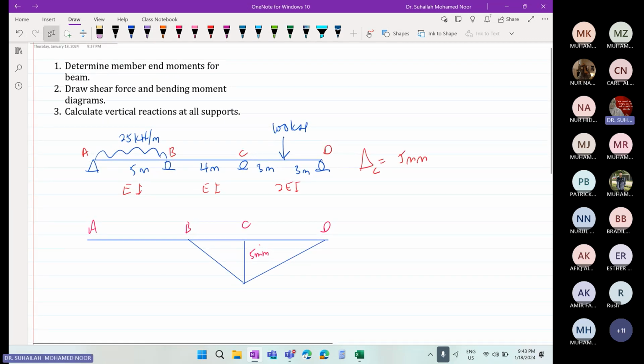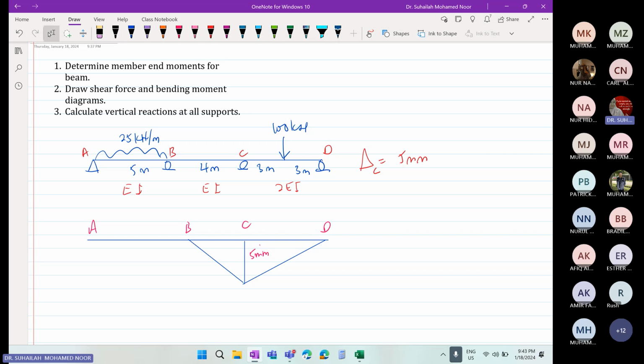Okay, determine member end moment. Start with calculate K, distribution factor, fixed end moment. We can combine in one table, or we can also do in separate tables and then combine. Lastly, we combine to get end moment. Anyway, it depends on the question given.